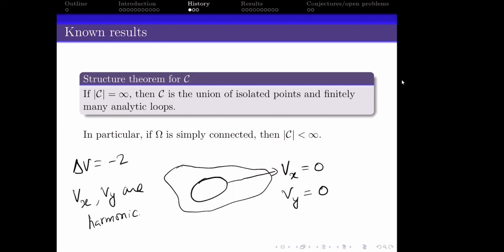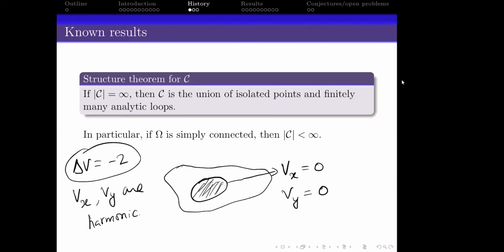So Vx and Vy are harmonic. If you have an actual analytic loop in a simply connected domain where they are both vanishing, that means Vx is 0 identically inside this region, because it is a harmonic function. But Vx being 0 identically means V is constant, and V cannot be constant because Laplacian V is -2.